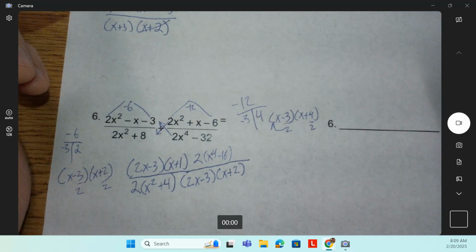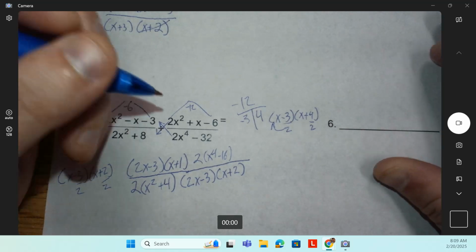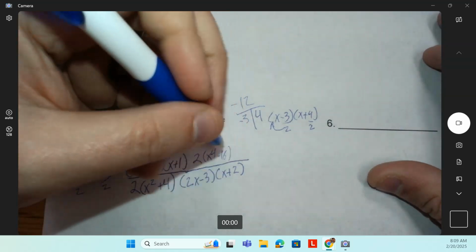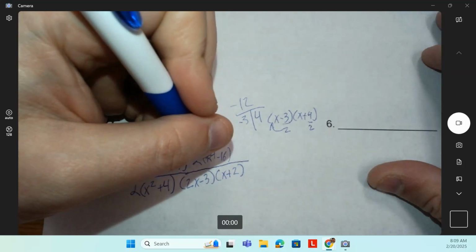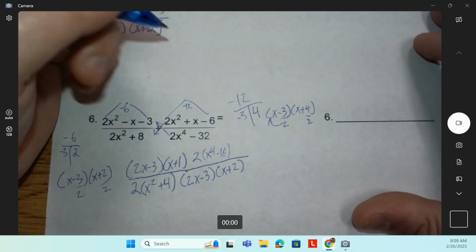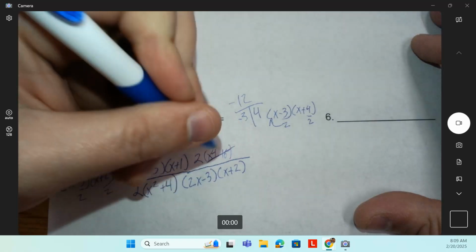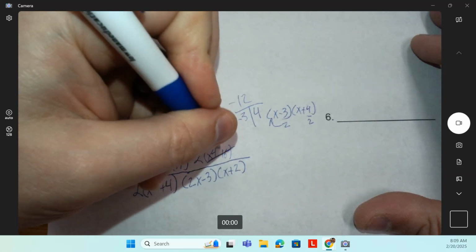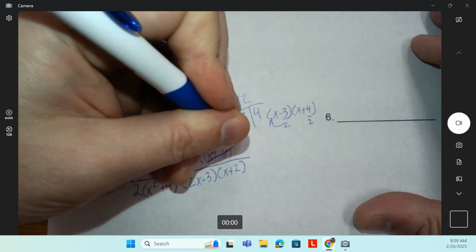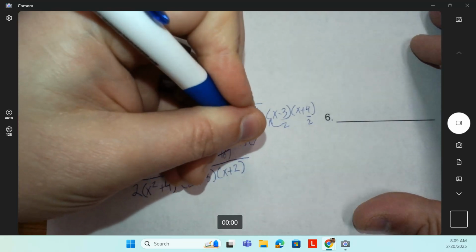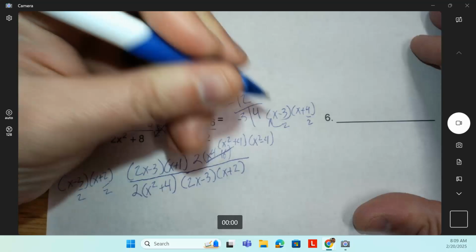So instead of rewriting the whole thing, we're just going to replace that and say that's x squared plus 4 and x squared minus 4.